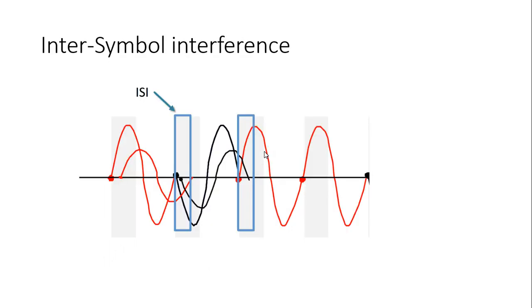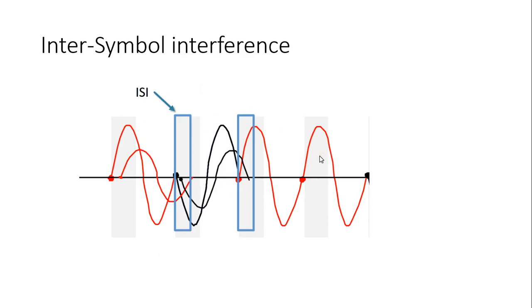And we can see here, this figure illustrates the ISI, or inter-symbol interference. The delayed version of the previous symbol overlaps with its successors, which causes the ISI.